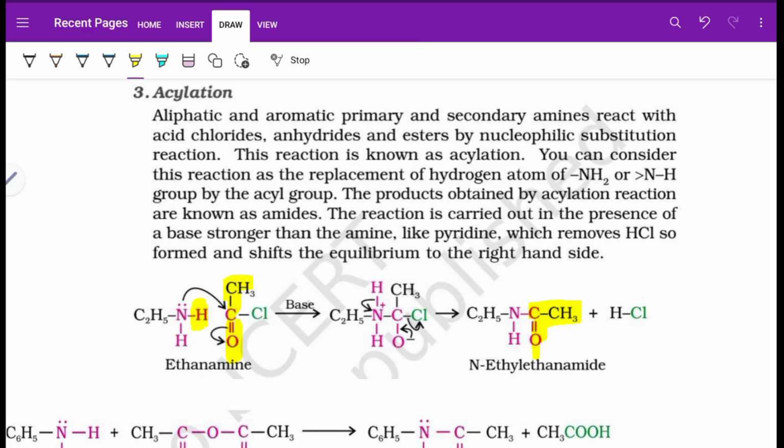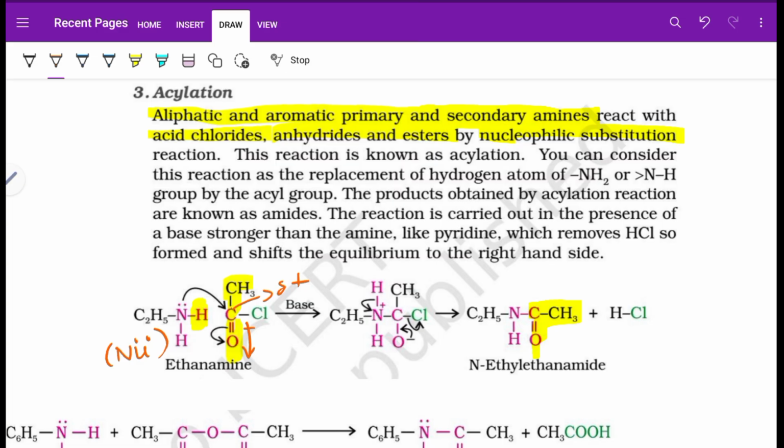So this reaction takes place with aliphatic as well as aromatic primary and secondary amines, which react with acyl chlorides or acid chlorides, anhydrides and esters by the method of nucleophilic substitution reaction, where the amine is a nucleophile which has a lone pair, and this carbon is the delta positive carbon having greater electrophilic nature on account of the polarity of C double bonded O.